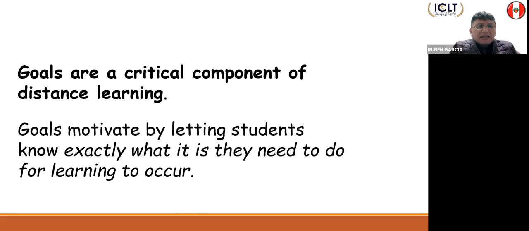And one thing is that goals motivate by letting students know exactly what they need to do for learning to occur. So they have to become aware that they need to make things happen. They need to produce the language they are learning.